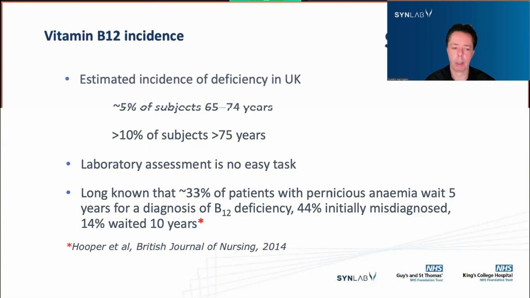Now, I've already said that it can be difficult for a medic to identify a deficient case. Actually, identifying it in the laboratory is also no easy task. And we will talk about why that is in a moment. But it has been long known that many patients, even with pernicious anemia, which can cause severe B12 deficiency, can wait several years to get a diagnosis.